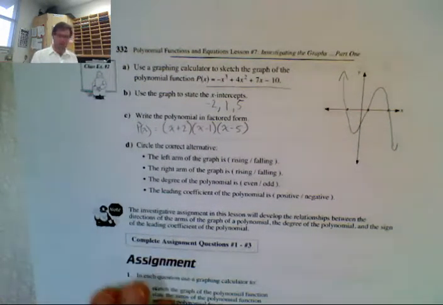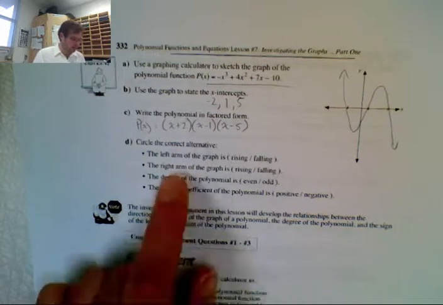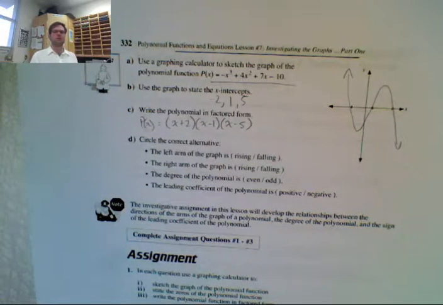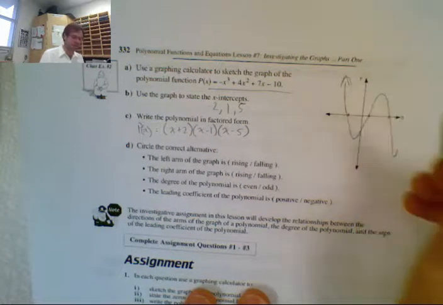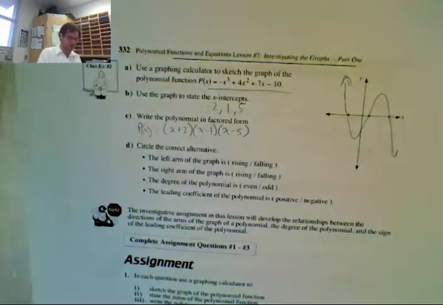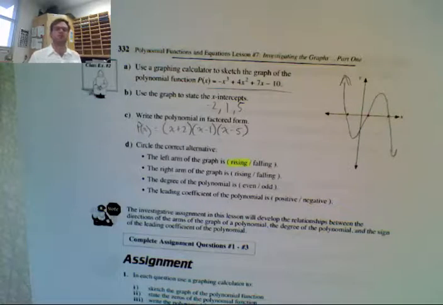Then it says circle the correct alternative. The left arm of the graph is rising or falling? The left arm, way over here, is it rising or falling? It is increasing on the left side, so this one here is going to be rising. Now it says the right arm of the graph, is it rising or falling?